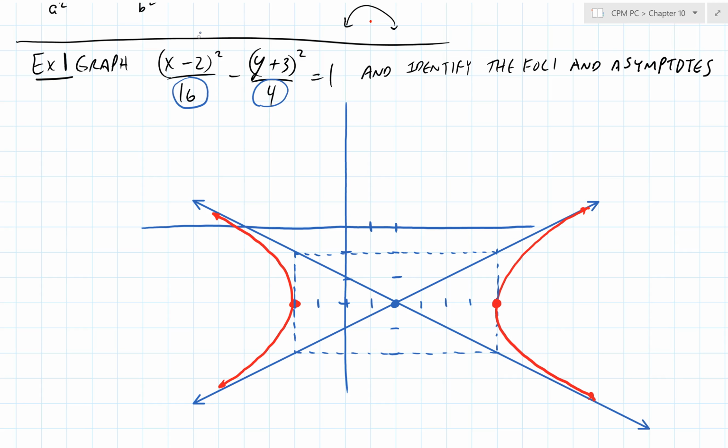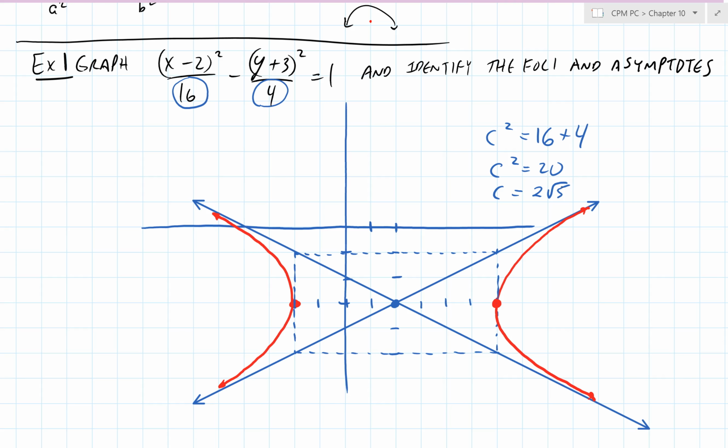Okay, and now we're ready to find the foci. So c squared is equal to a squared plus b squared. So c squared equals 20, which means c equals 2 root 5.